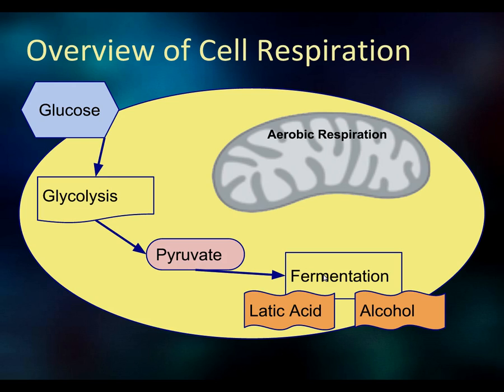Notice that I only say it produces lactic acid or it produces alcohol. So why even do fermentation? The reason is this pyruvate molecule quickly turns into pyruvic acid, which the cell has to deal with in some way. So fermentation is simply a way to get rid of that pyruvic acid that would otherwise build up in the cell and create sort of a toxic situation.